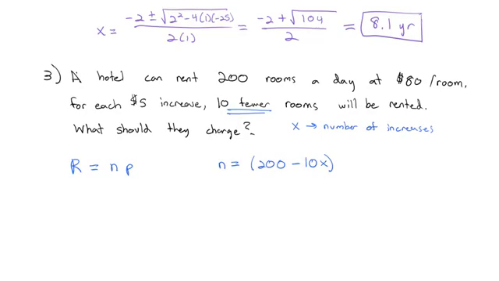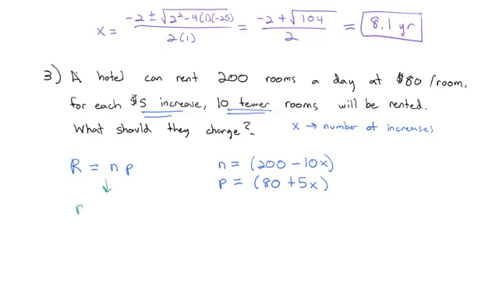So 200 minus 10x is going to be the number of rooms I can rent. And at what price am I renting them? Well, initially, we're renting them at $80 a room. But we're going to increase in sets of 5. So we're going to increase $5 for every one of those price increases.